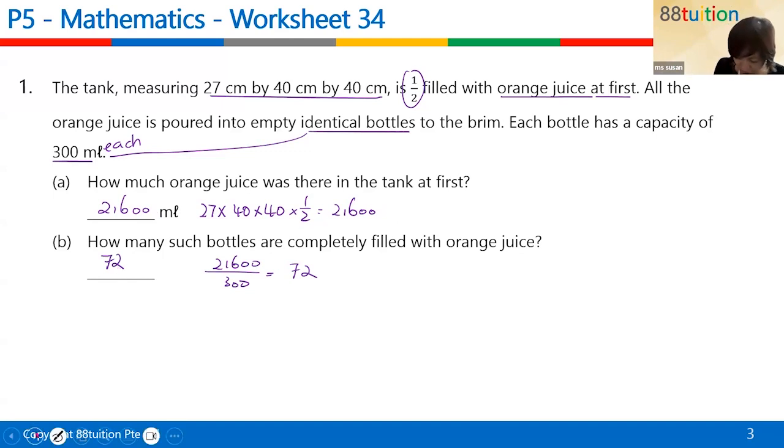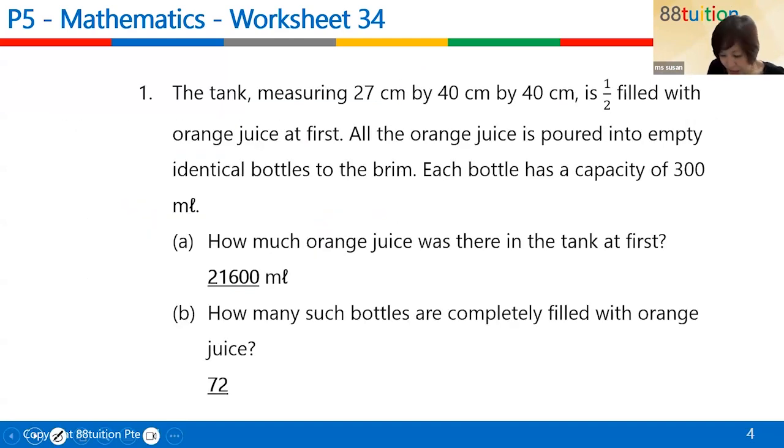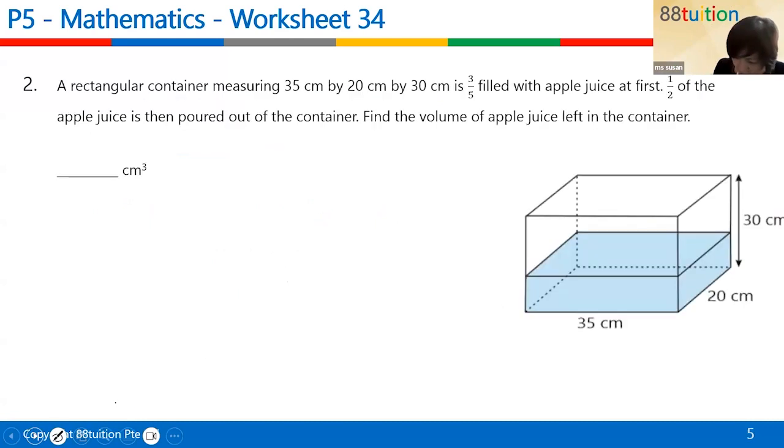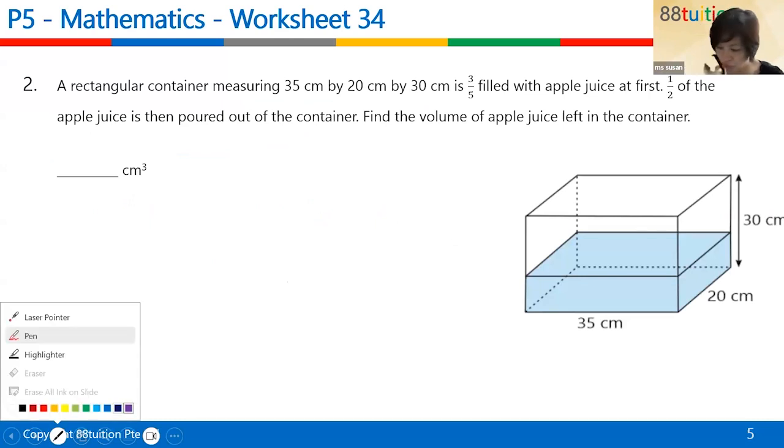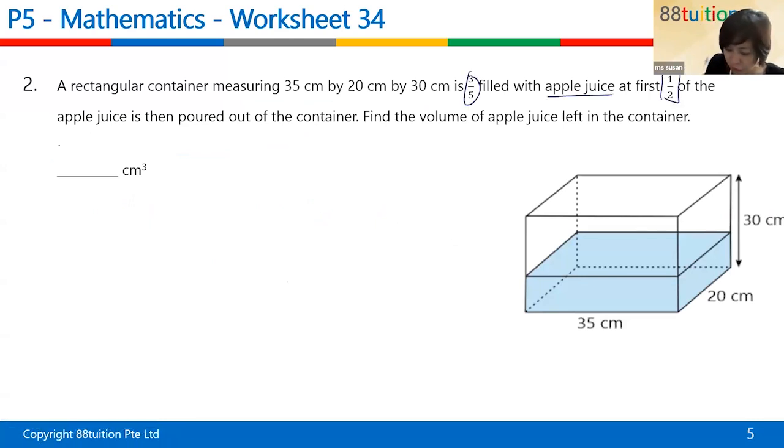Next question. A rectangular tank measuring 35, 20, and 30 is 3/5 filled with apple juice. Half of the apple juice is poured out. All right. And he wants the volume of the apple juice that is left there.